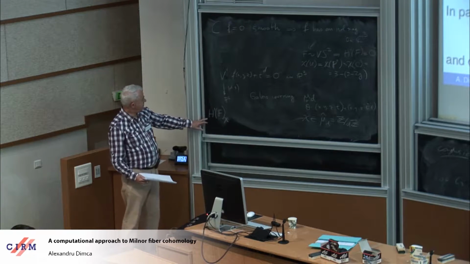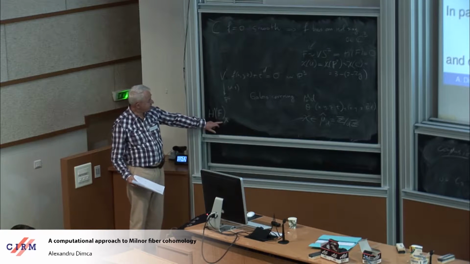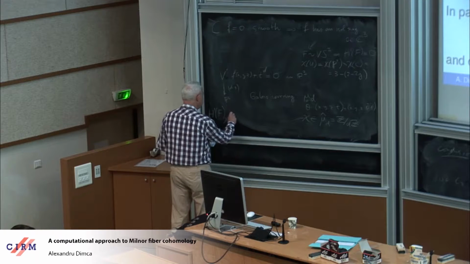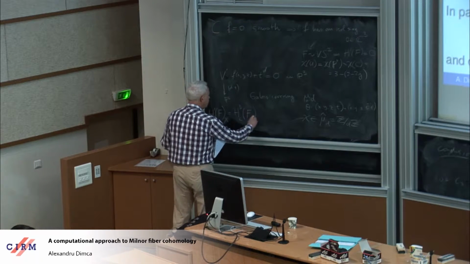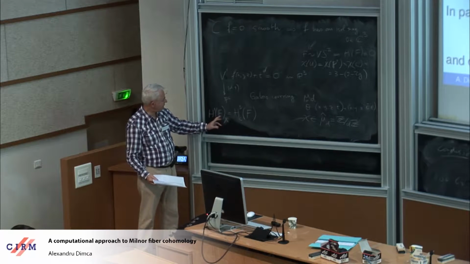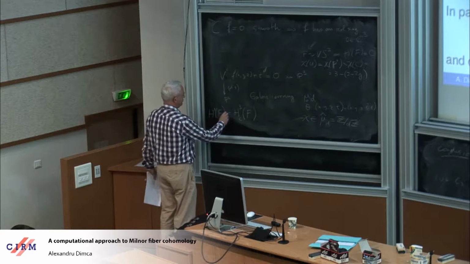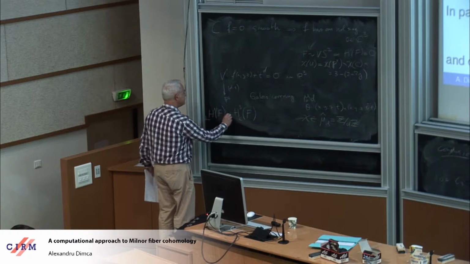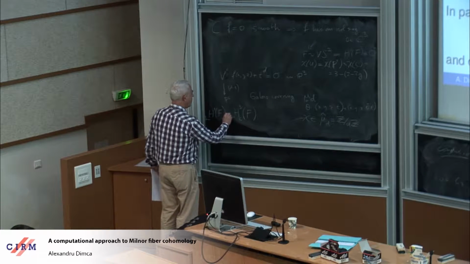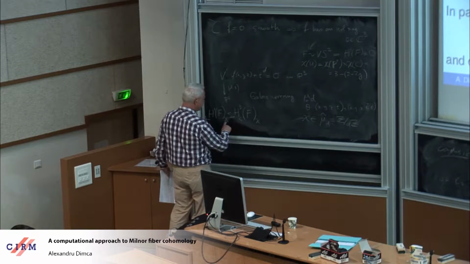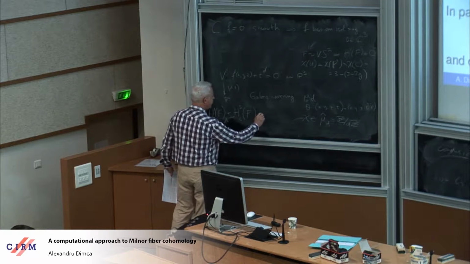So the eigenspace of the Milnor fiber corresponding to such a character corresponds to, so the Milnor fiber is smooth but not compact, so to have duality I have to take compact supports and replace the character by its conjugate.